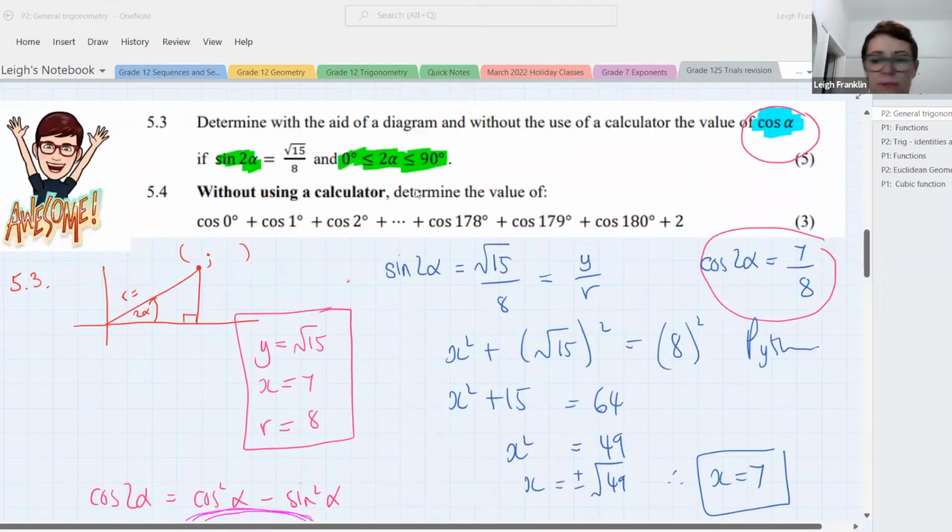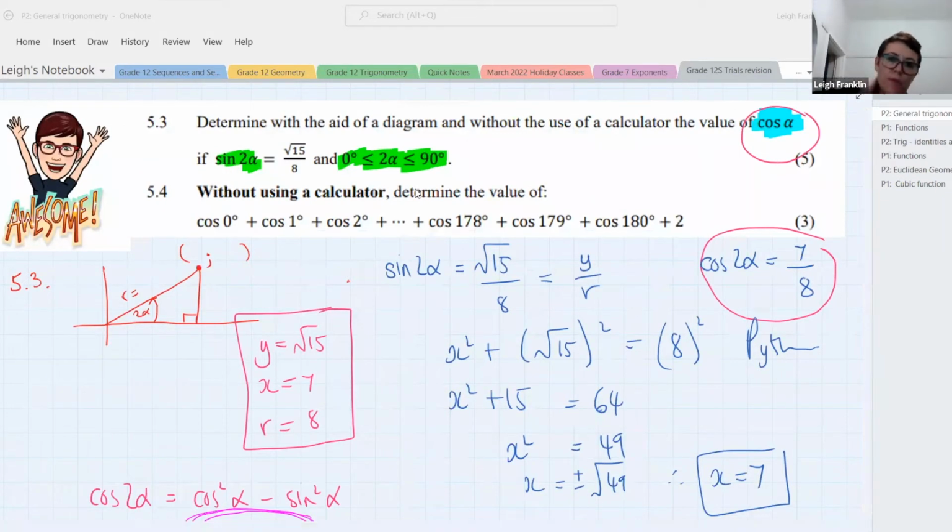So 5 marks for that. Without using a calculator, determine the value of cos 0 plus cos 1 plus cos 2 plus and so on, up to cos 178 plus cos 179 plus cos 180 plus 2. Now it's only out of 3 marks. So we see a question like this, there has to be some kind of trick to it, right?